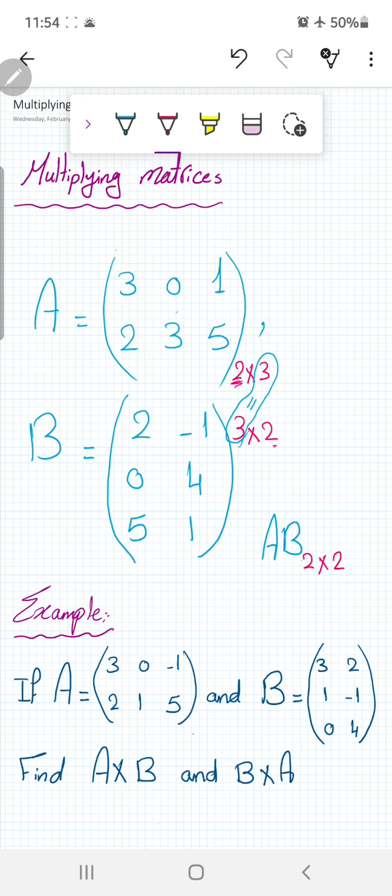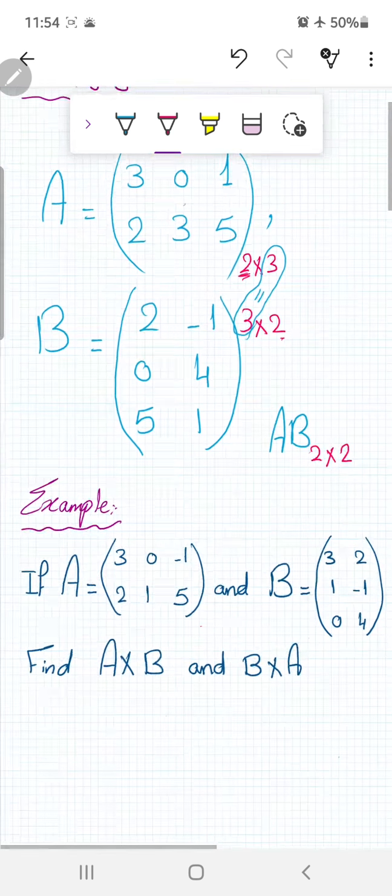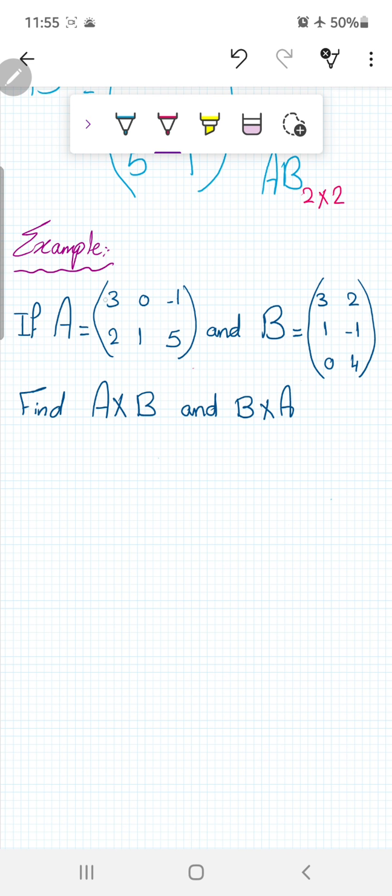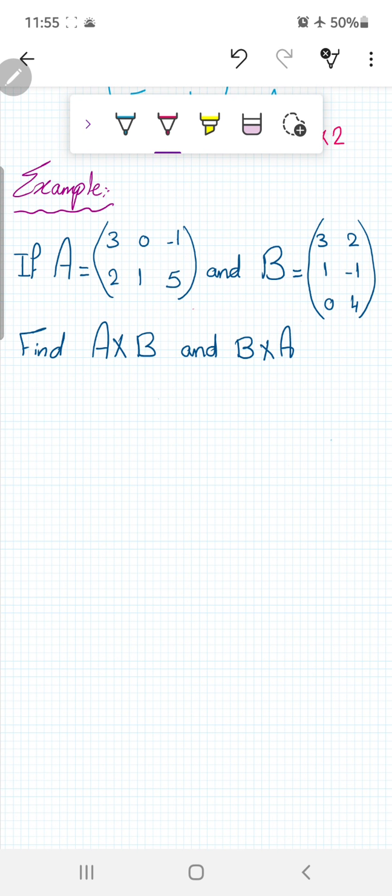Okay, our condition in multiplying matrices is the number of columns of the first matrix equal the number of rows of the second matrix. Okay, let's take an example. Here, if A equals 3, 0, negative 1, 2, 1, 5, B equals 3, 2, 1, negative 1, 0, 4. We want to get A multiplied by B. First check.